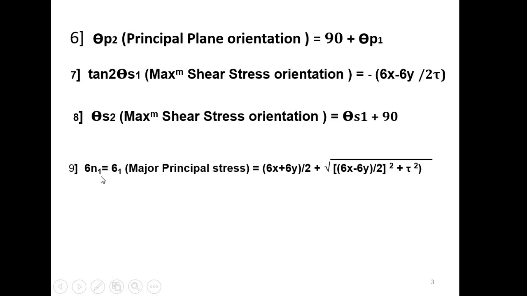The next formula is for the major principal stress. It is denoted by sigma n1 or sigma 1, equal to (sigma x plus sigma y) by 2 plus under root ((sigma x minus sigma y) by 2) bracket square plus tau square.